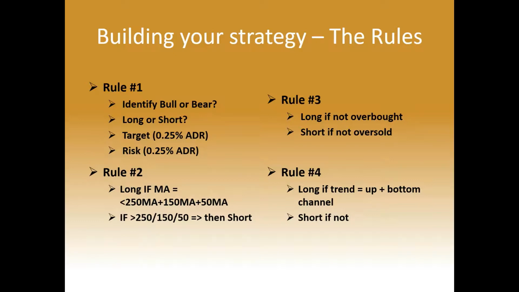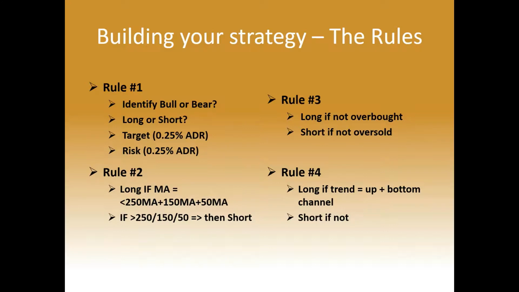Now I check rule number 3. In the previous example we decided it was a short, but let's say we keep with a long from rule number 2. So now rule number 3, double check, third checkpoint. Okay, is the market overbought? Whether you use stochastic or RSI, whatever combination of the two, whatever.